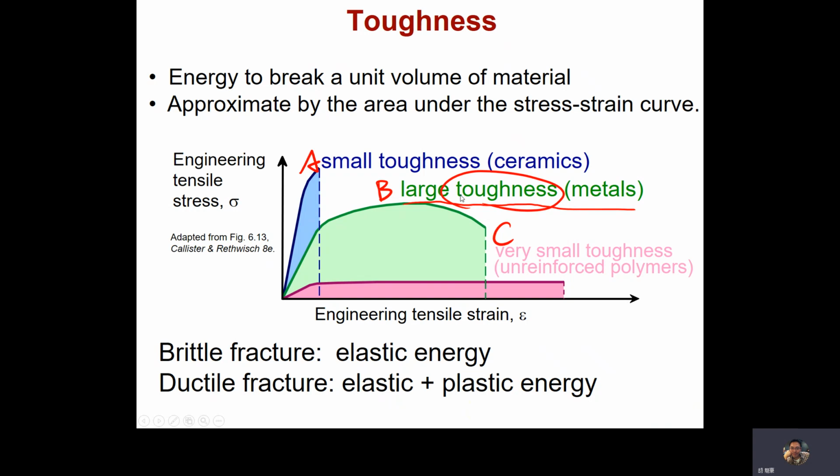The car will be crushed into pieces, and maybe your body will become pieces too.